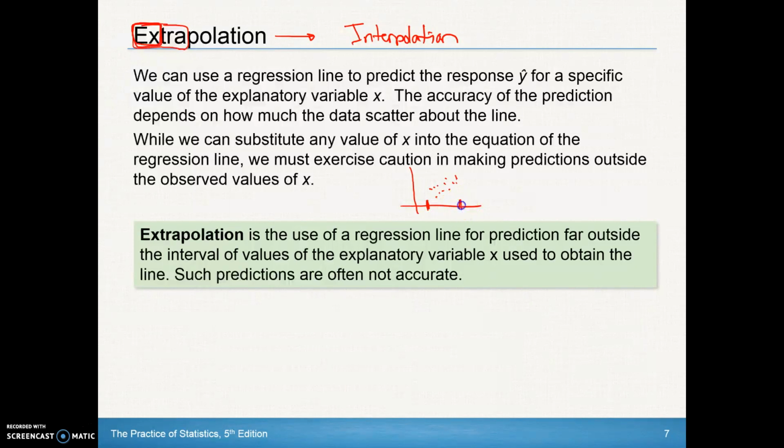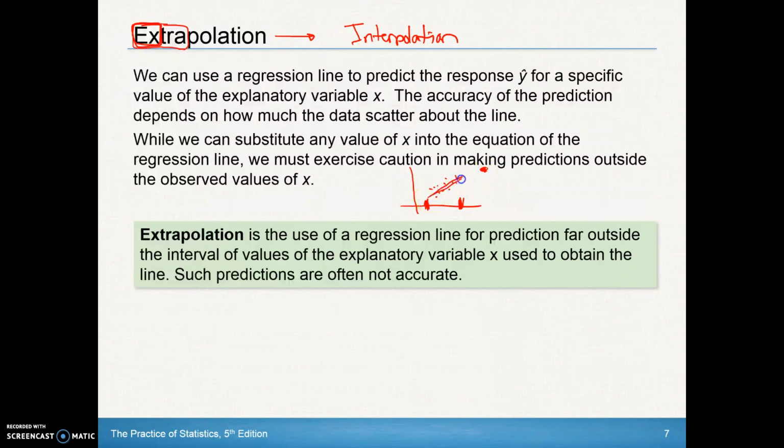This is the maximum on the domain. Certainly I could find a line that fits that data. Extrapolation is predicting way outside that data set, beyond the domain of the data. So that's extrapolation, and that can be dangerous.